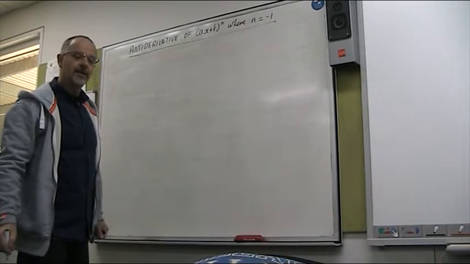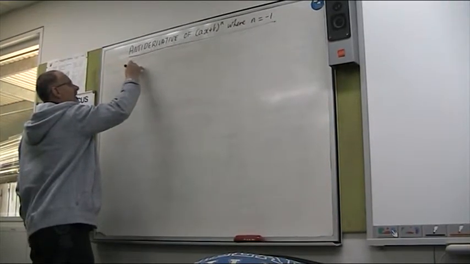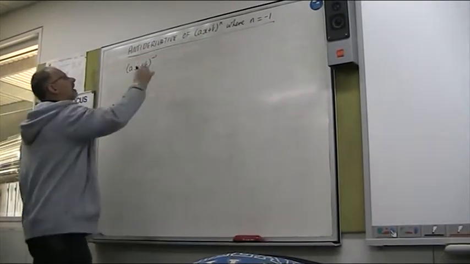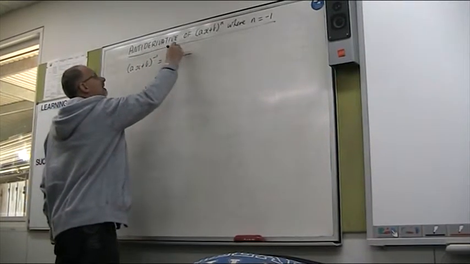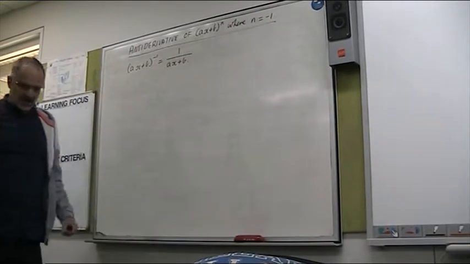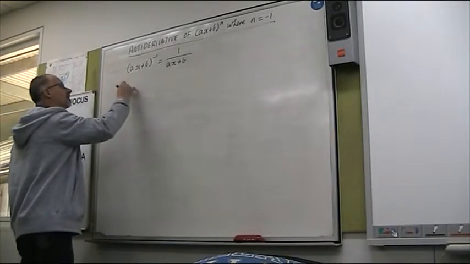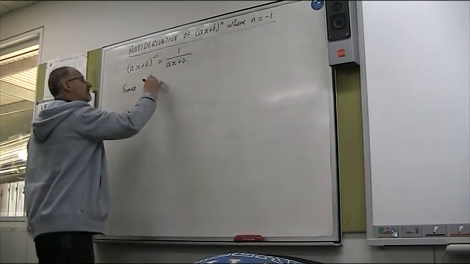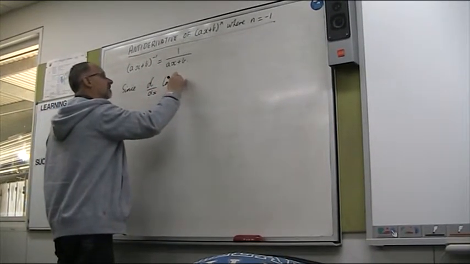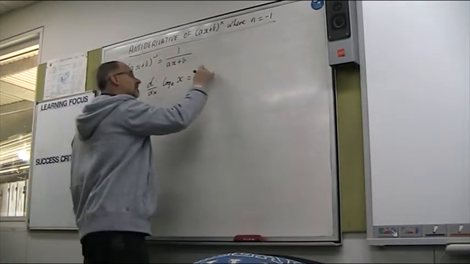All right. So ax plus b to the -1 is what we're looking at, remembering that's 1 over ax plus b. Now, remember back to our differentiation. If we differentiate log to the base e of x, what do we get? 1 on x, correct.